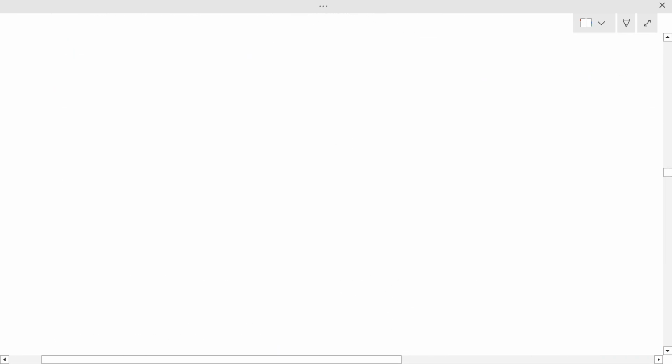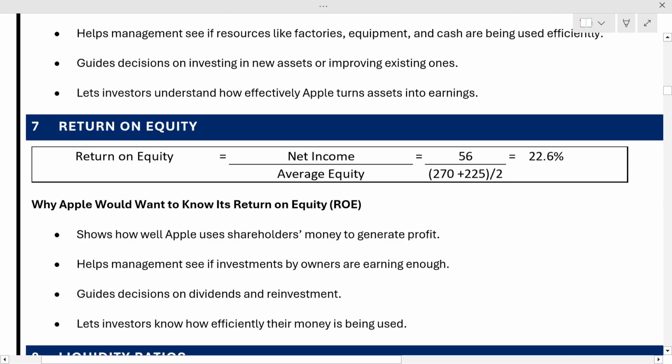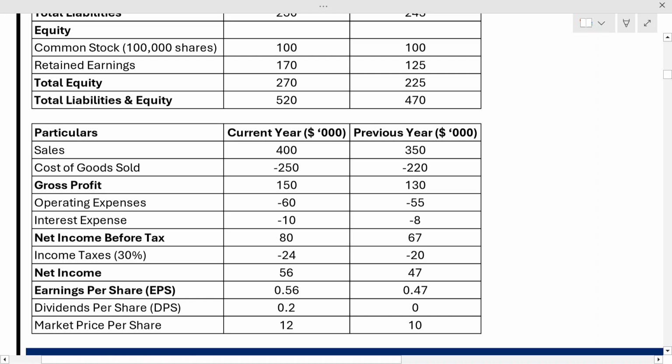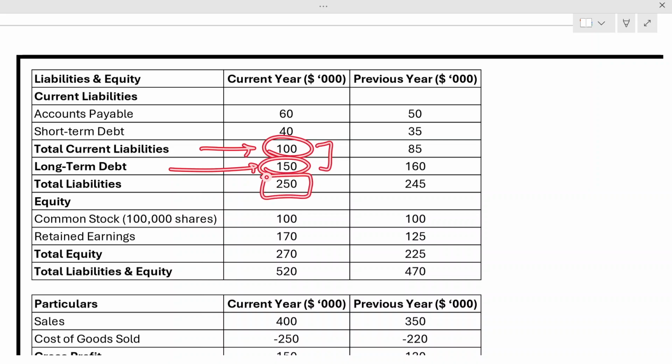So if we go and see within our P&L and balance sheet above, we can see that our total equity here is $270 and our total liabilities, which include our current debt of 100 and long term debt of 150, total 250.